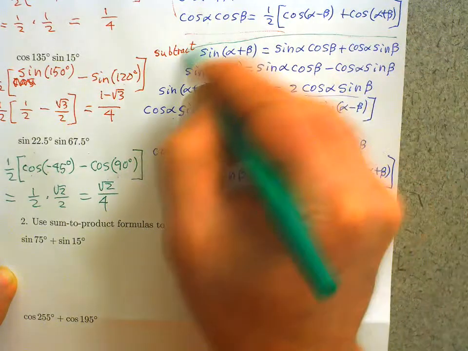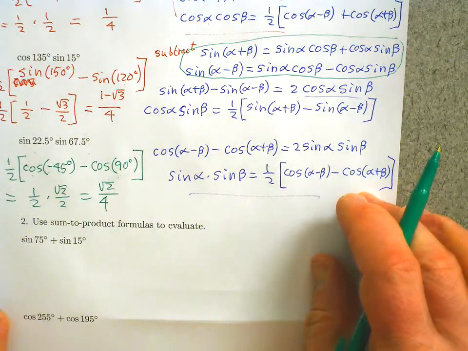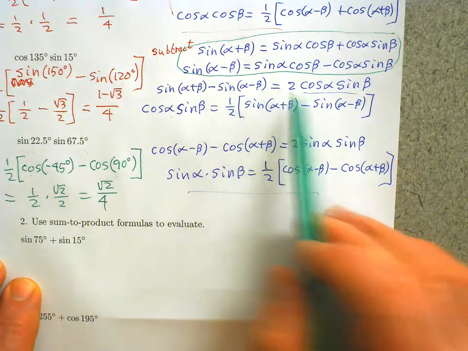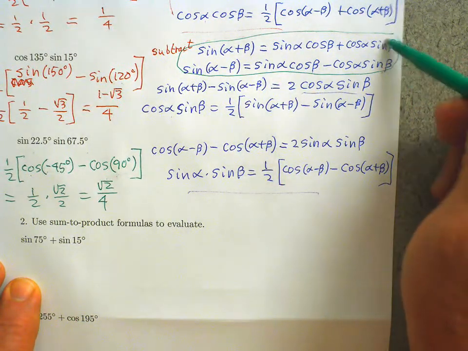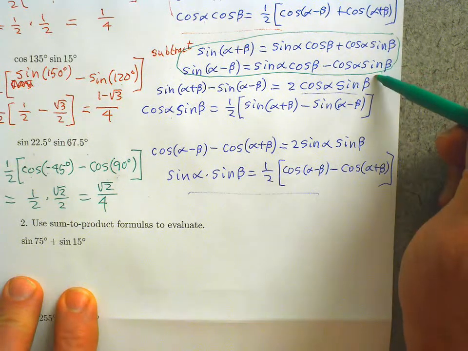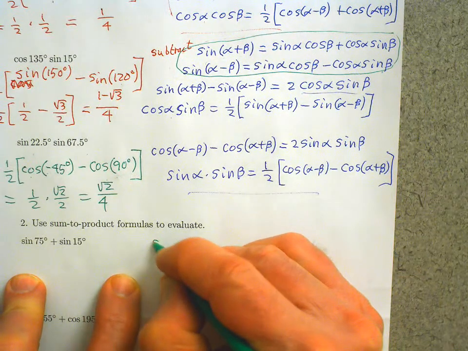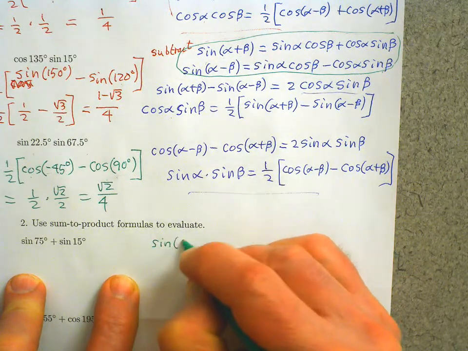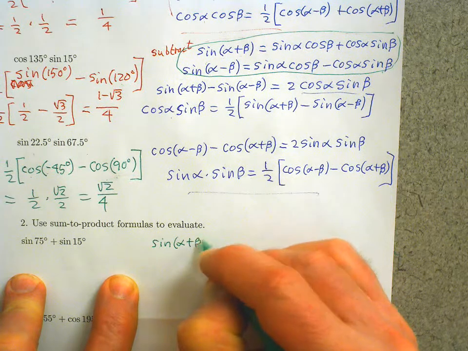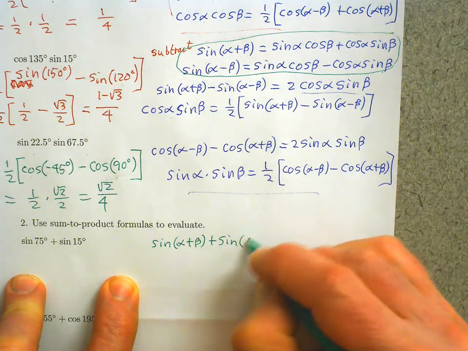So if I add these two equations, on the left-hand side, we'll get sine of alpha plus beta plus sine of alpha minus beta.